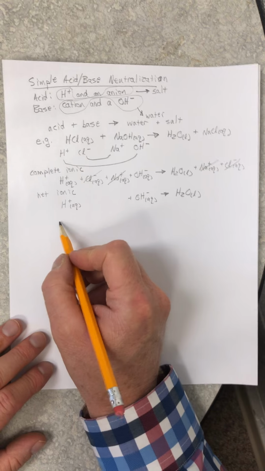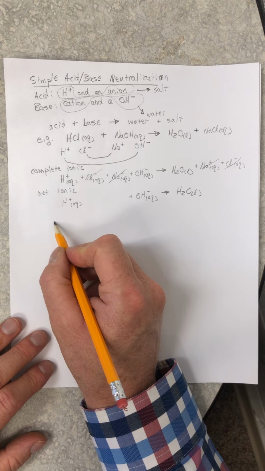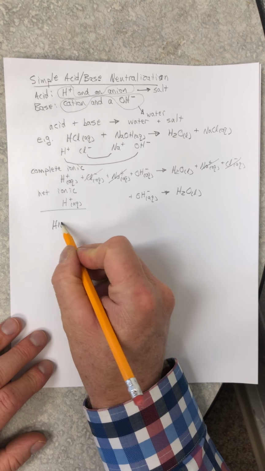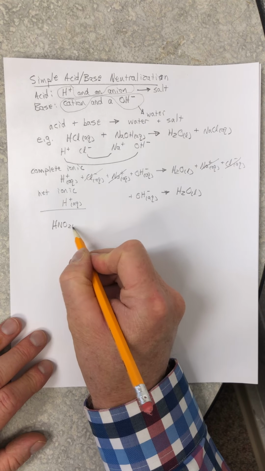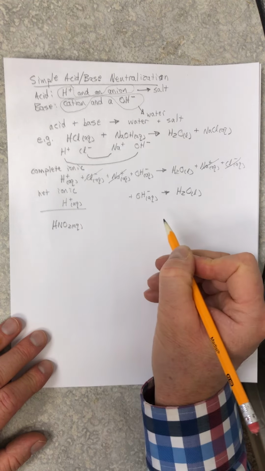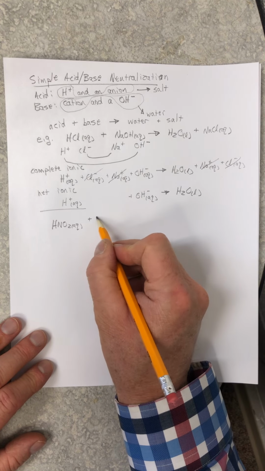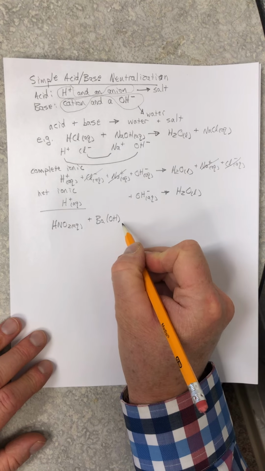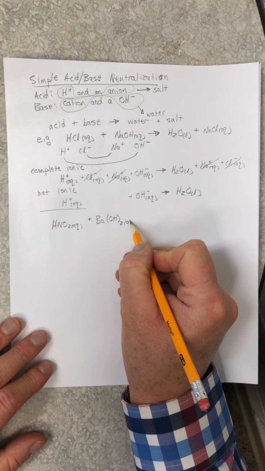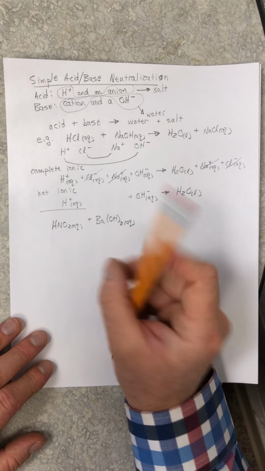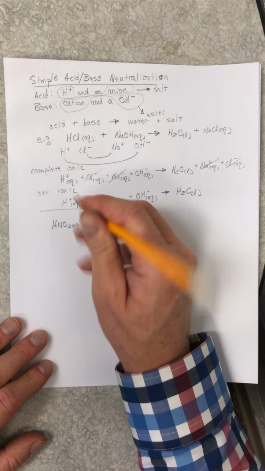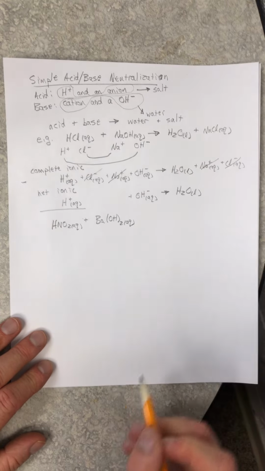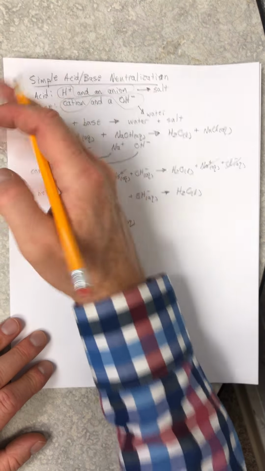So what if we have, well, let's do a weak acid and a strong base. So what if we have nitrous acid? So this one is weak with barium hydroxide, and that's strong. So again, actually I'm going to need to make a little room to balance here. Well, no, maybe not. Okay, anyway, let's think about what our ions are.